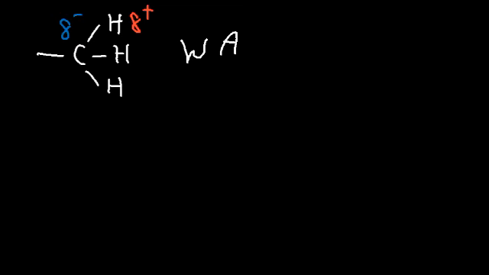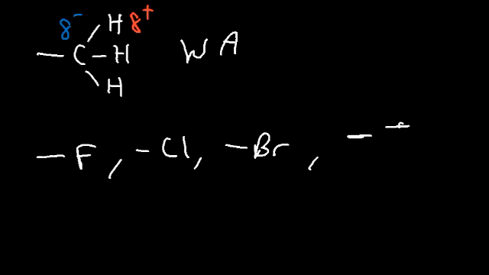Now the next group are the halogens, like fluorine, chlorine, bromine, and iodine. Let's analyze fluorine. Fluorine is electronegative, so it bears a partial negative charge. And like the CH3, the OH, and the NH2, because it has that partial negative charge, it's still an ortho-para director. Also, fluorine, which has a lone pair, can donate electron density to the ring by means of the resonance effect.